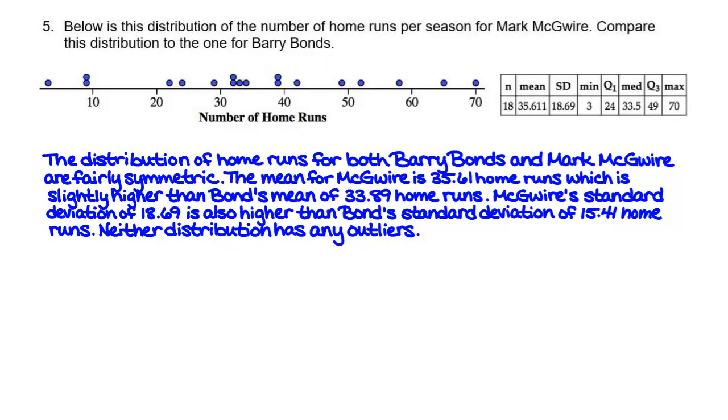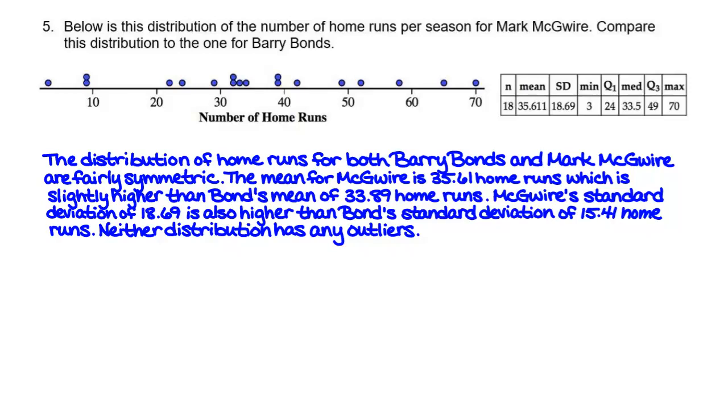So here's my comparison. Notice it's a little bit wordier than when I just described Barry Bonds' distribution. I said the distribution of home runs for both Barry Bonds and Mark McGwire are fairly symmetric. The mean for Mark McGwire is 35.60 home runs, which is slightly higher than Bonds' mean of 33.89 home runs. If you don't have a less than, greater than, higher, lower word, and you're doing a comparison, you're not going to get points for it. You have to use those words, something that shows me that you made a numerical comparison between these two distributions.